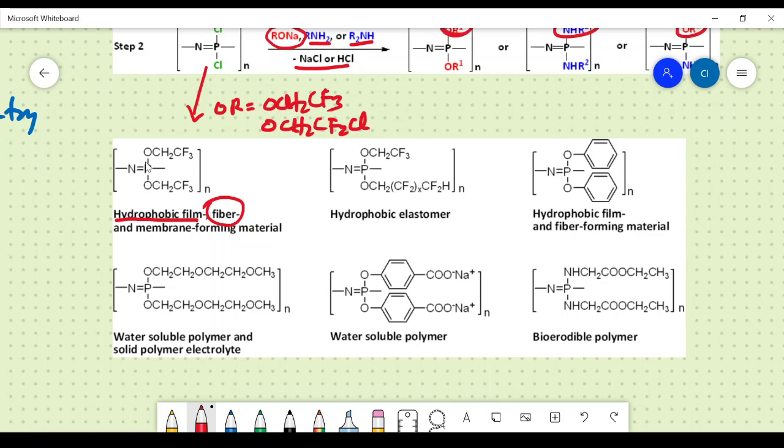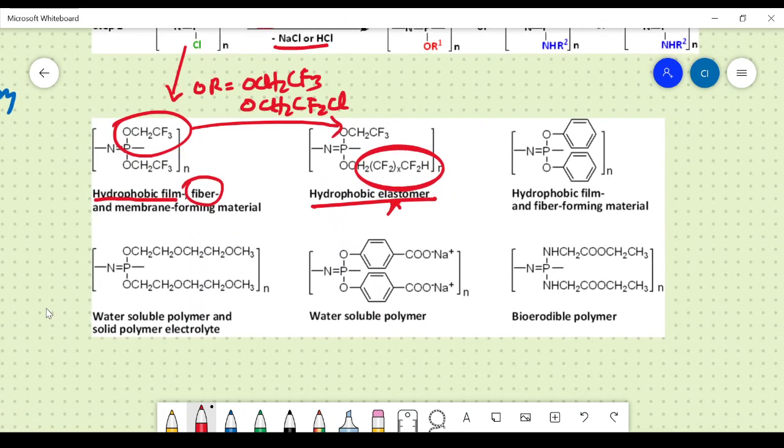And then you have the same thing here, but the lower part you have substituted with CF2 and CF2H. So there is another substitution there. So this is becoming a hydrophobic elastomer. Remember, this becomes a paste at a higher temperature. This elastomer exhibits the property of elasticity and it changes with temperature.